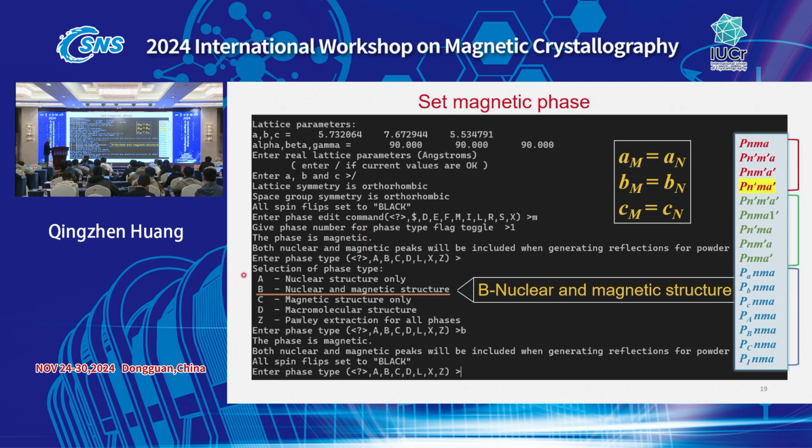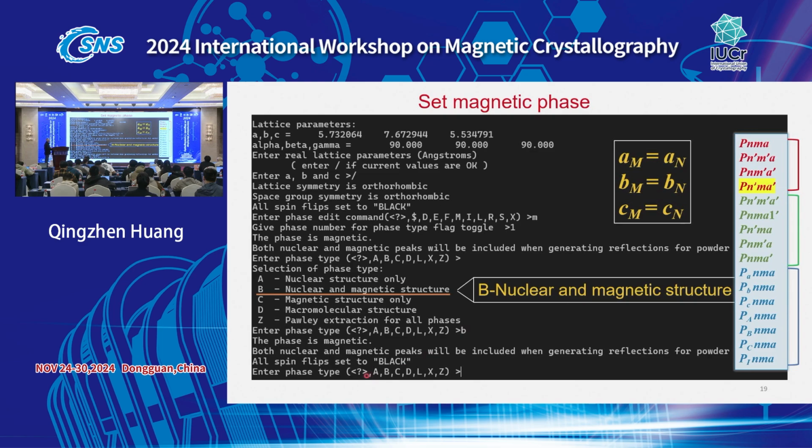So here you have several choices. The first is nuclear only, which you showed in the last slide. Then now we set a nuclear and magnetic structure, so this phase is defined as nuclear and magnetic.